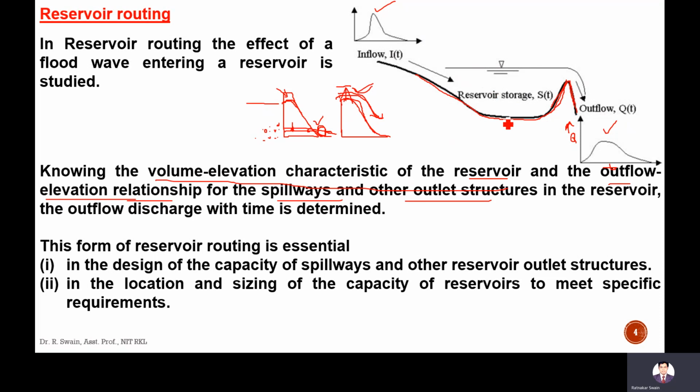But for a particular reservoir there is a particular type of spillway, and the outflow elevation curve remains constant. So using the inflow hydrograph, the volume elevation curve of the reservoir, and the outflow elevation curve of the spillway, the outflow hydrograph is determined. That is called reservoir routing. In reservoir routing, the effect of a flood wave entering a reservoir is studied.